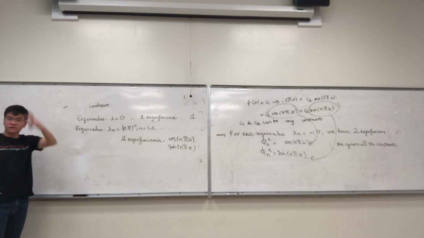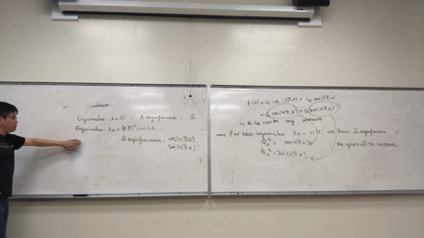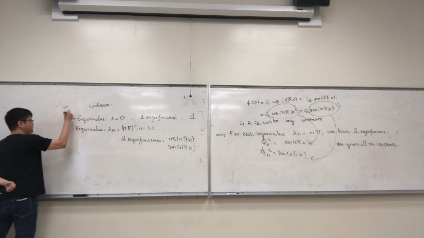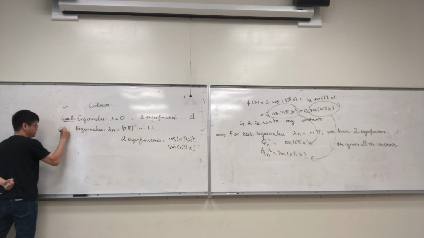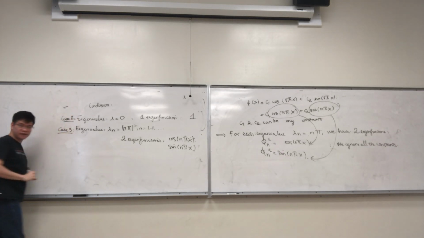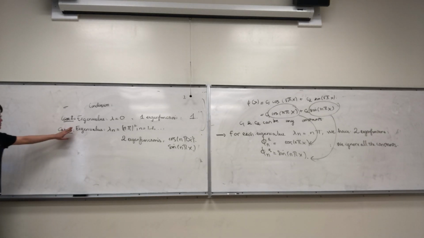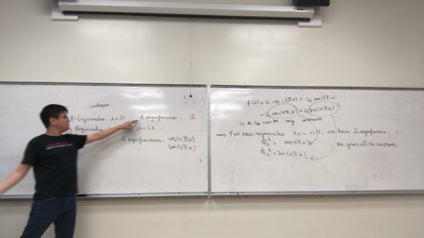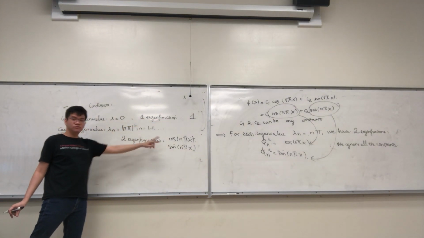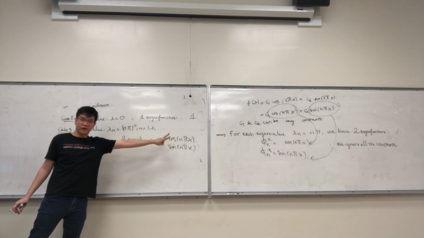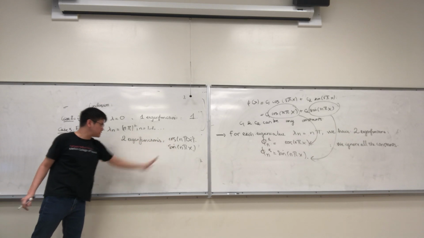Right? Questions? So this is case number 2, and this is case 3. In case 2, you find one eigenfunction, which is 1, and in case 3 you have two eigenfunctions, cosinus and sinus.